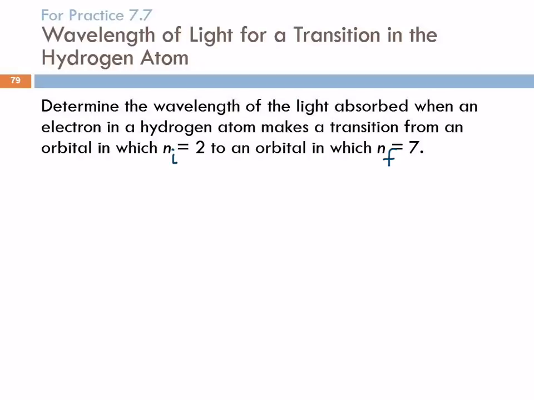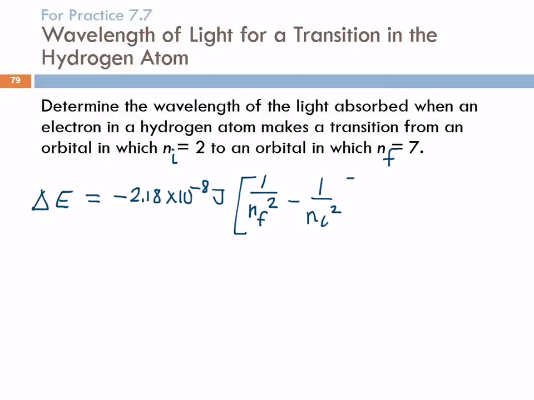So we're supposed to find the wavelength of the light. Well, we've got that equation. Delta E is equal to negative 2.18 times 10 to the minus 18 joules times 1 over nf squared minus 1 over ni squared.